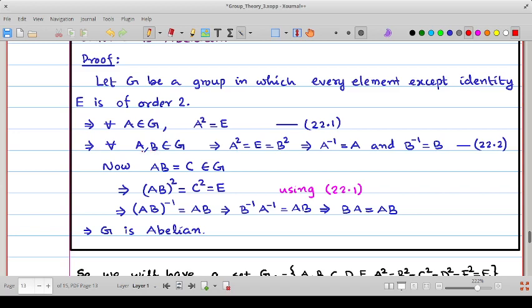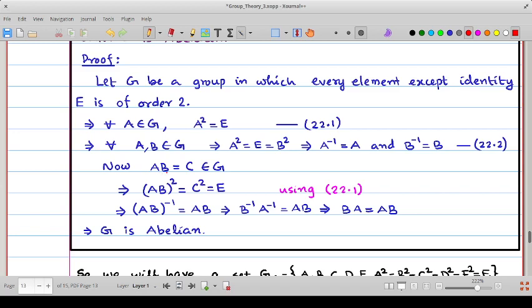Remember, A is not the identity and neither is B, and therefore their product cannot be A or B. It should be another element. So it should be an element of order 2, because all elements in this group are of order 2 except for the identity. The product AB can be identity only if A is identity and B is also identity.